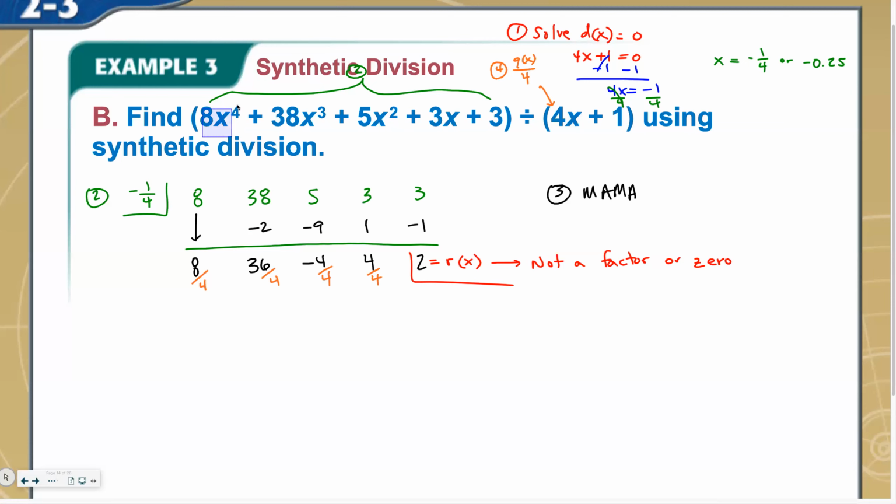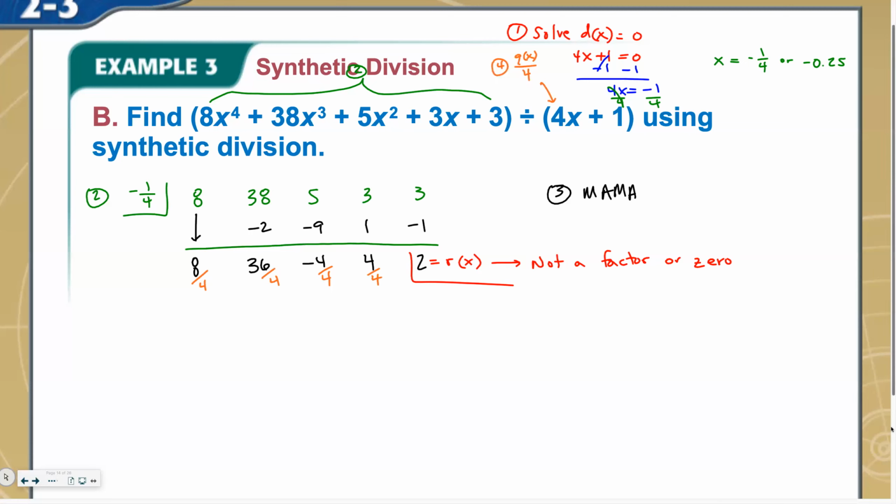What is 8 divided by 4? 2. We should have a 2. Right now we have an 8 there. We don't have a 2, do we? So at the very end, and it must be at the very end, you cannot do it earlier, you divide everything by that 4 that's located right there. So what is 8 divided by 4? 2. That's going to give us our 2.